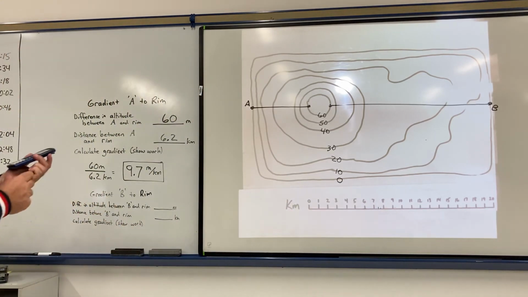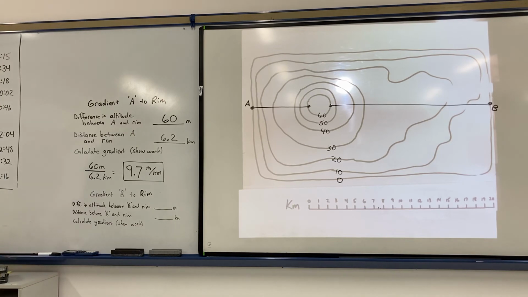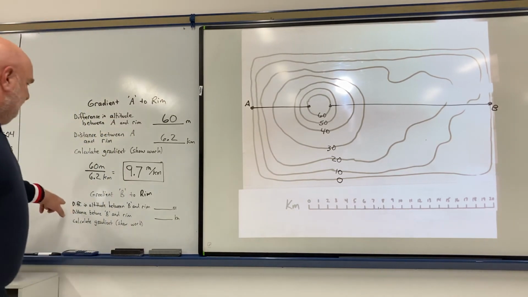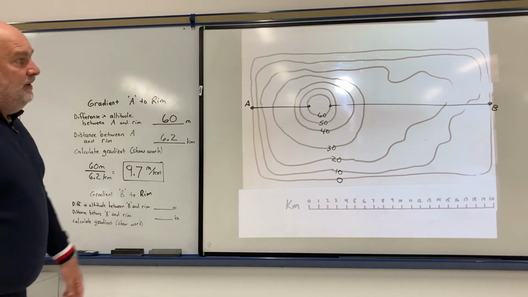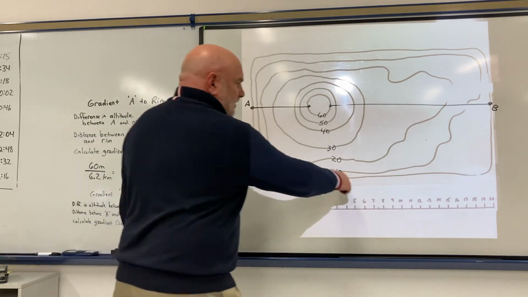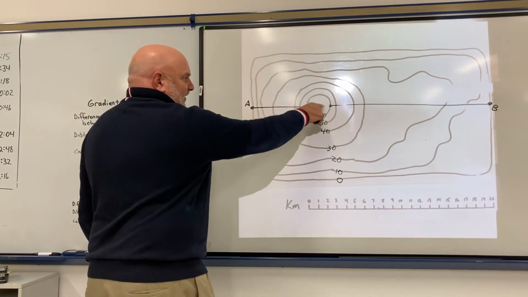Now, for the gradient from B to rim, I'm not going to do that one for you. You can do that yourself by looking at the image on your screen. The difference in altitude between B and the rim, you should be able to figure that out just by looking at the screen, because B is on the same line as A is, and they're both going to the top of the same mountain.